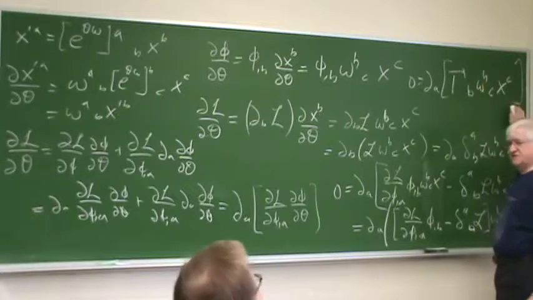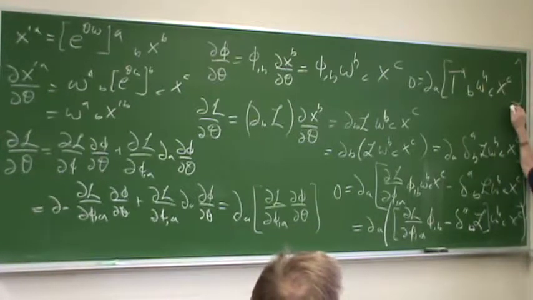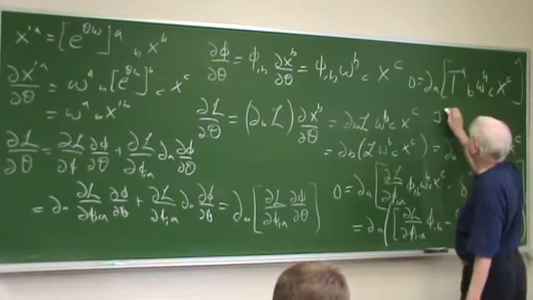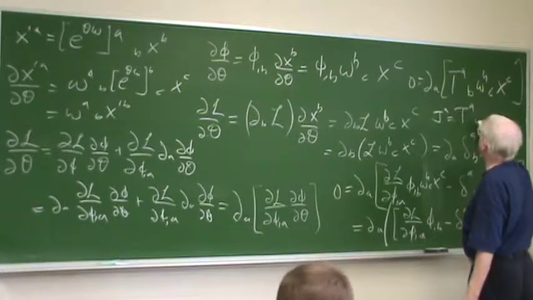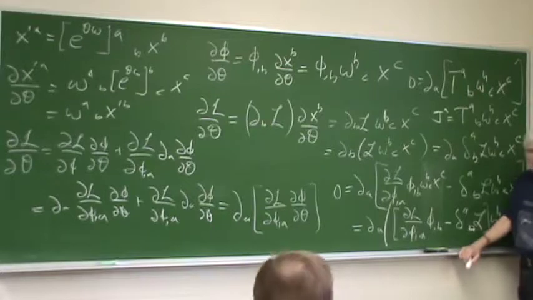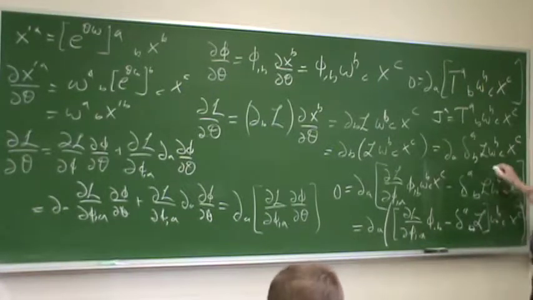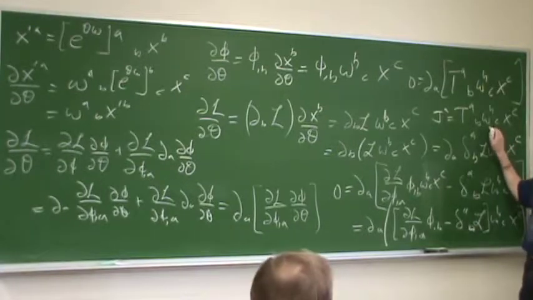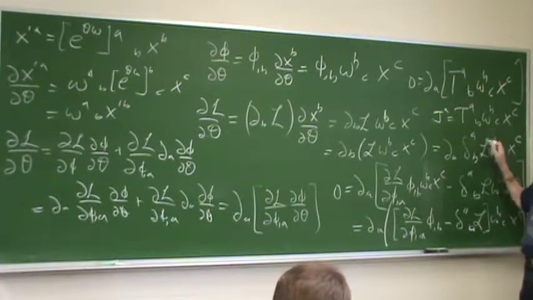So these are the conserved currents due to rotational and Lorentz invariance, or Lorentz invariance includes rotations actually. So the current then is J_A, which is T_AB omega_BC x_C. So that's our conserved current. And now, how many of them are there? There are 6 of them, because there are 6 different omegas. 3 for rotations, 3 for boosts.